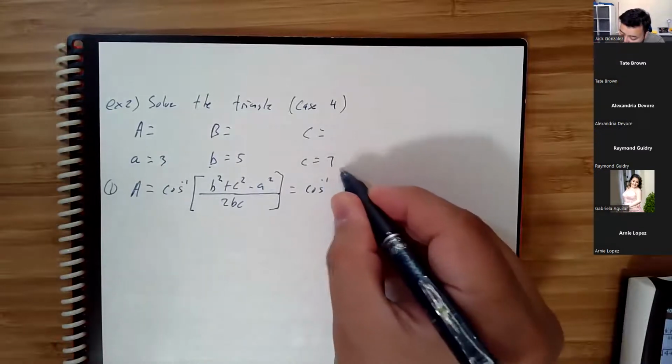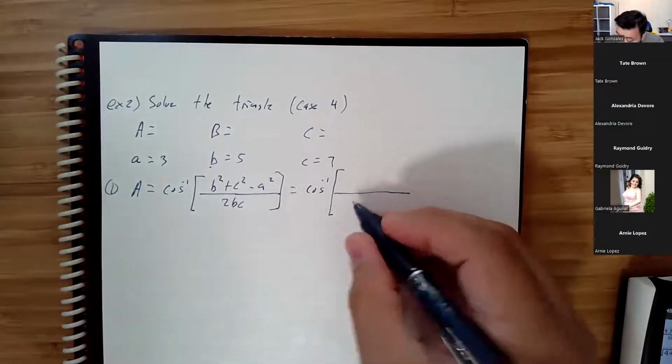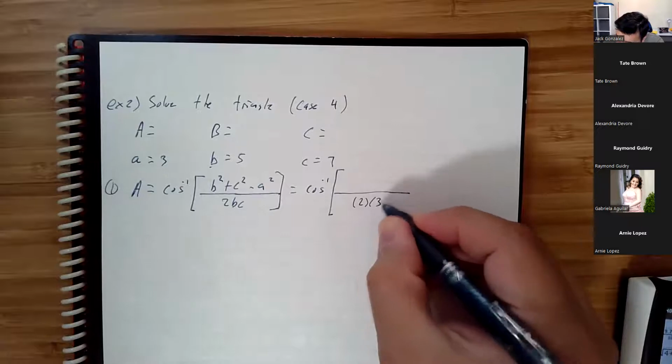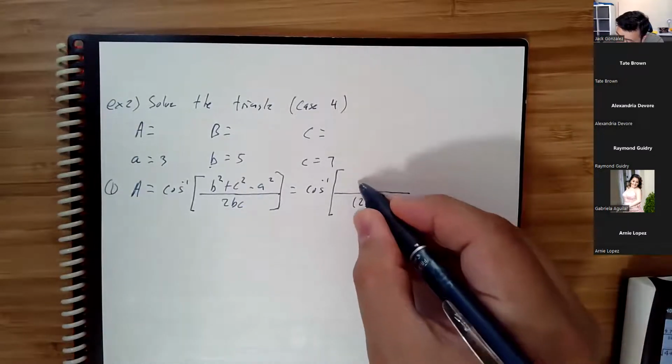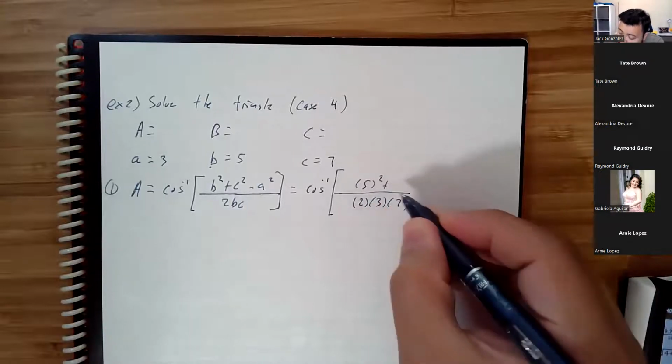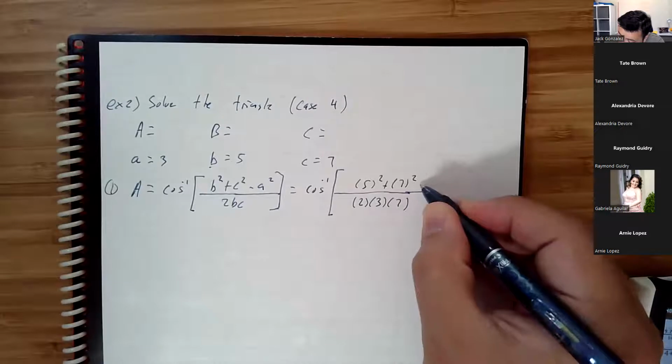cosine inverse of 5 squared plus 7 squared minus 3 squared over 2 times 3 times 7, right? See, it's 7.